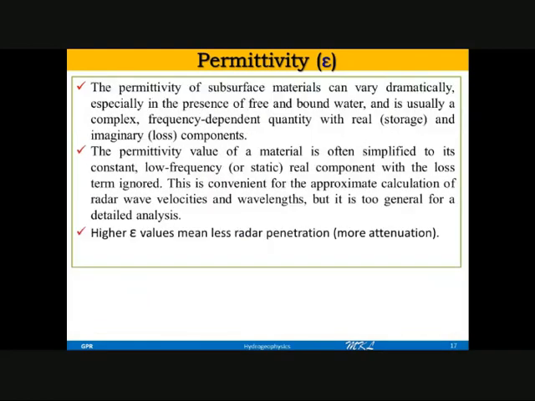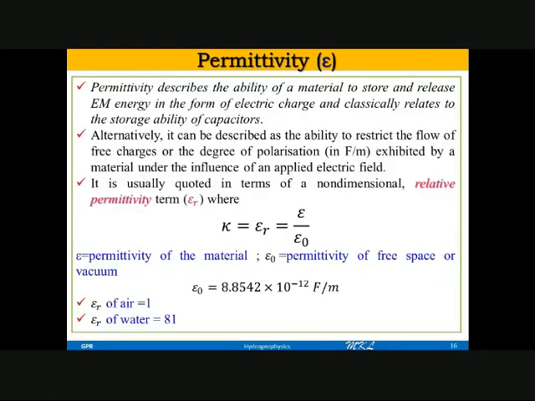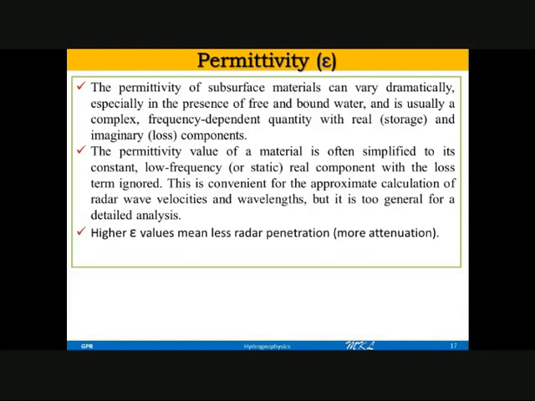The permittivity of subsurface material can vary dramatically, especially in the presence of free and bound water. The relative permittivity, or dielectric constant, of water is 81. So if the water content is more, the dielectric constant of that material will be more.